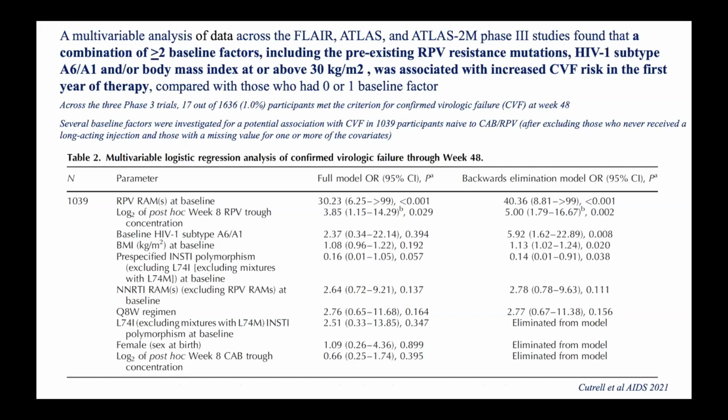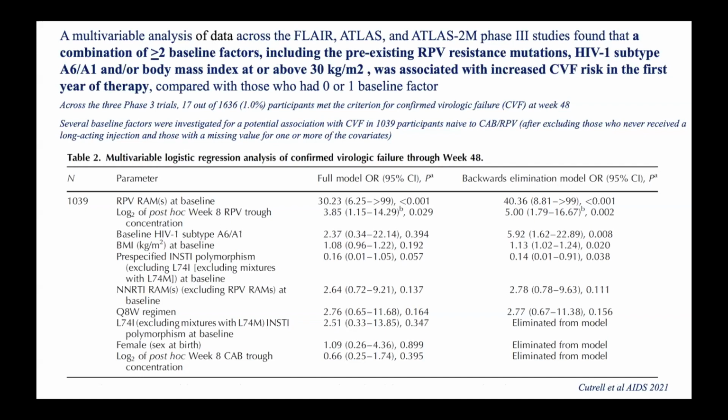So the most important was the rilpivirine resistance at baseline, but also HIV-1 subtype A6 or A1, that now we know was probably more A6. Still, in Russia there is a lot of prevalence of A, and before it was thought that it was A1, but now we know that it's A6.